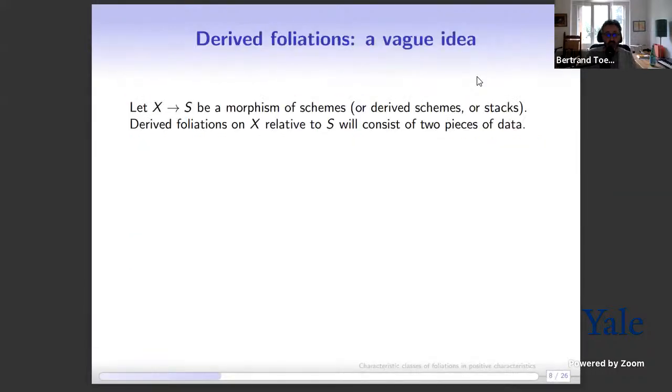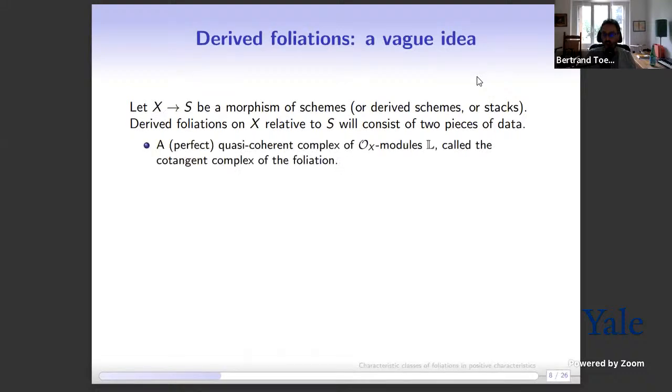Okay, so what's the vague idea? The vague idea is pretty simple. Suppose you have a morphism of schemes over any characteristic. It could be worse than schemes. You can have derived schemes or derived stacks if you want. And a derived foliation on X over S will consist of two pieces of data.